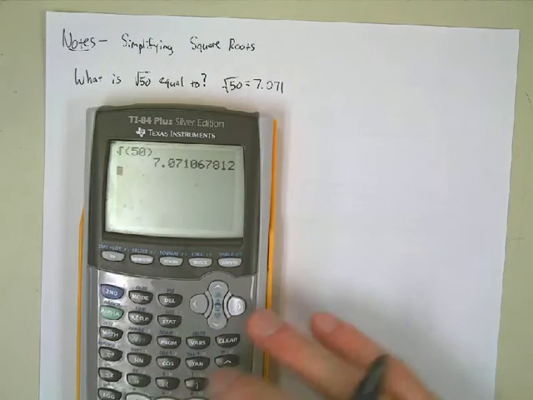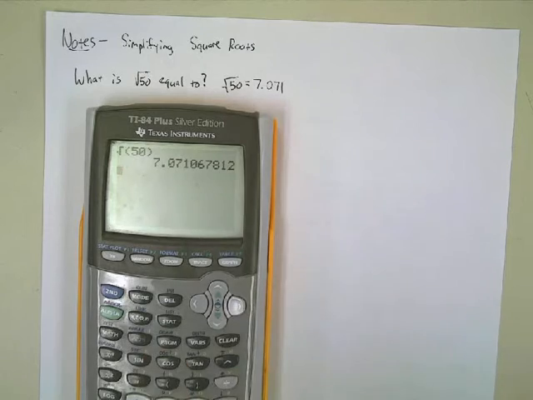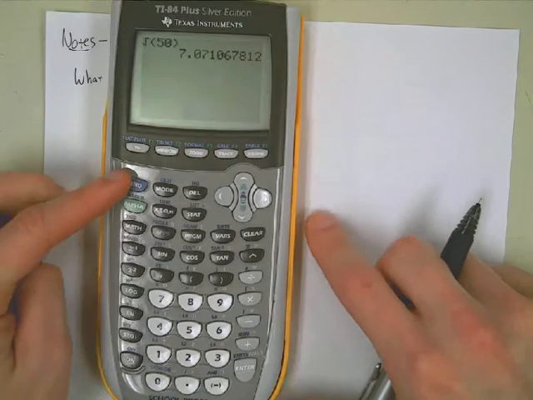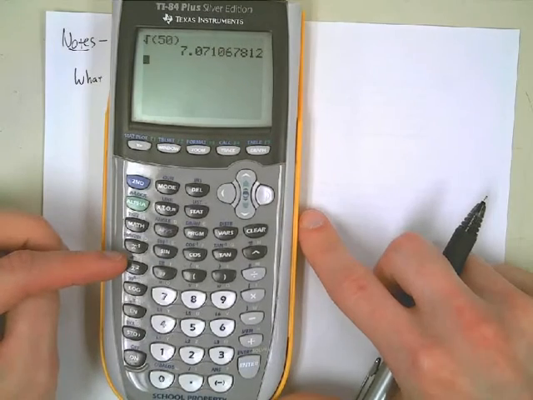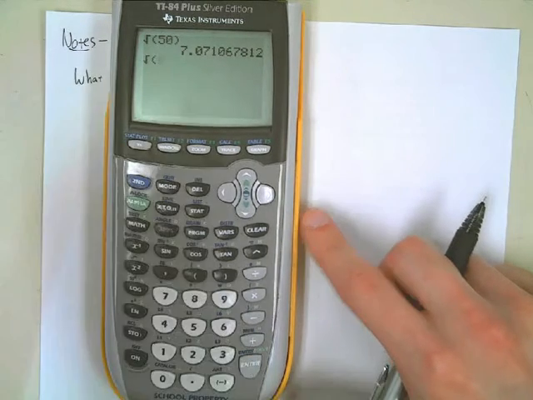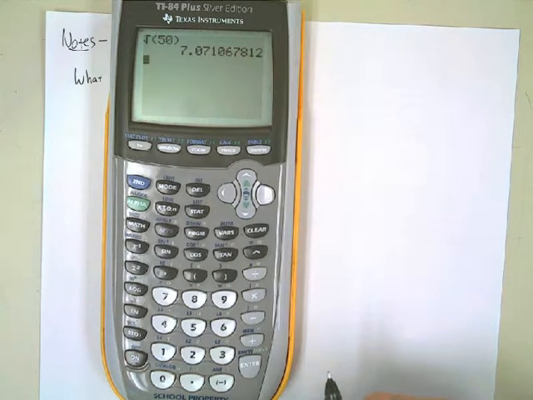On your calculator, it's the second button and then x squared, which gives you the square root command. Does anyone else know there's an exponent we can use to take the square root?